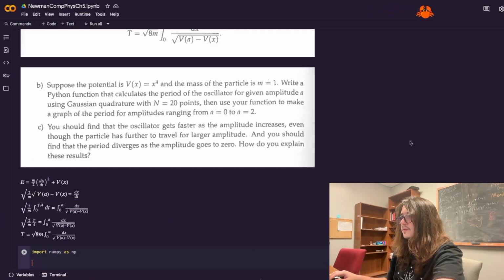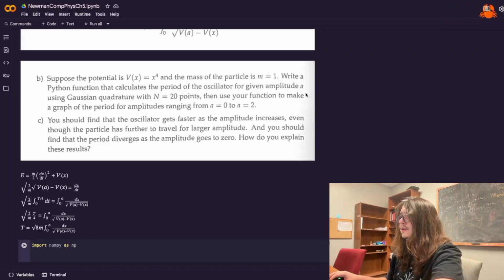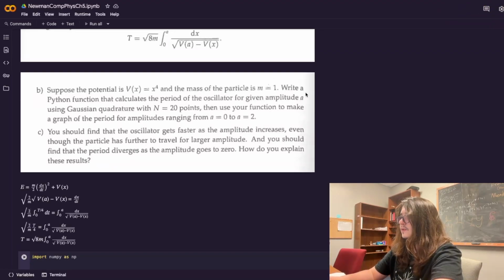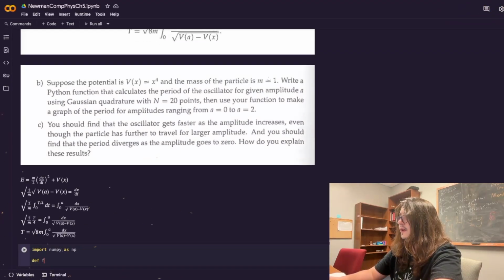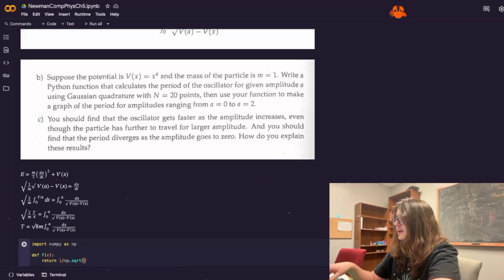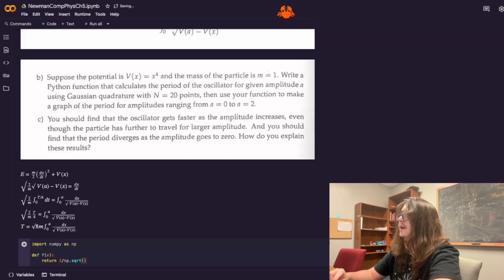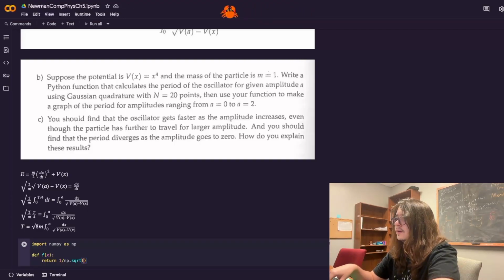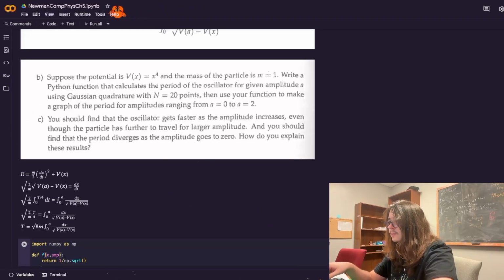Of course, we're going to start with defining the integrand. So the integrand is going to be def f of x. It just looks like 1 over the square root of V(A) minus V(x). Now, V(x) is x to the 4, and I just realized I should put the amplitude as an argument into the function.